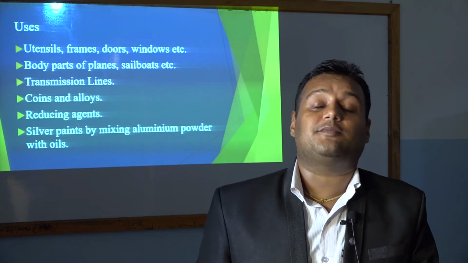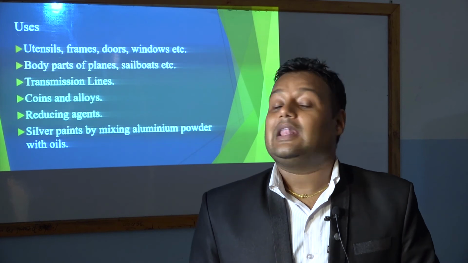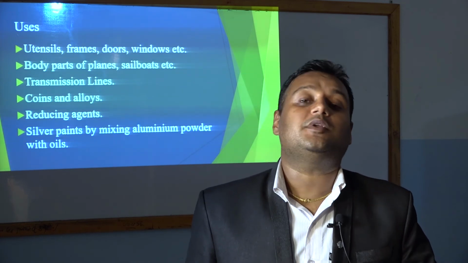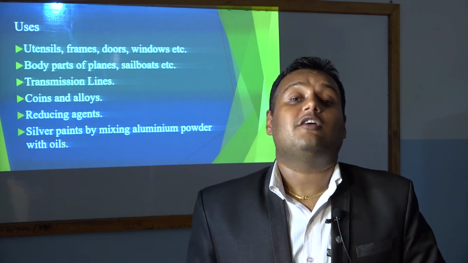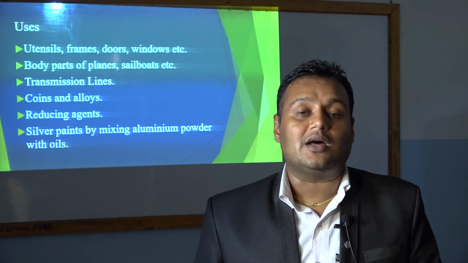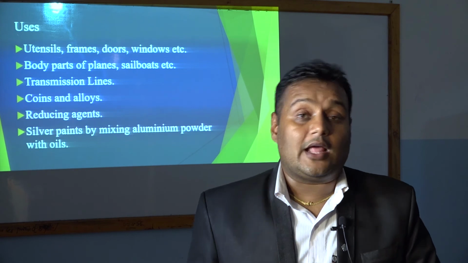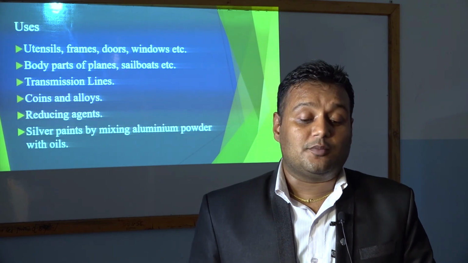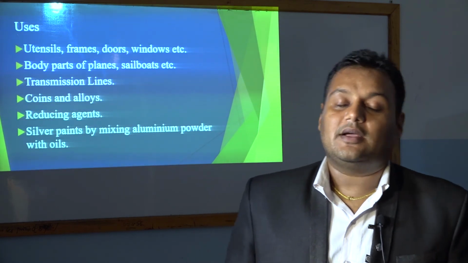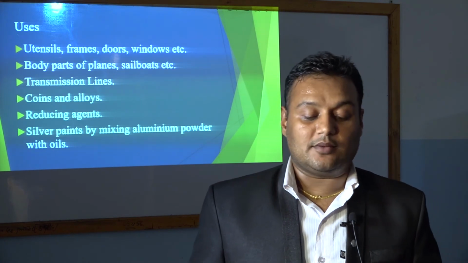We have already read that aluminum is a lightweight metal. Since aluminum is a lightweight metal, it is perfect and suitable for aeroplanes and sailboats. So aluminum is preferred to make the parts of planes and sailboats.